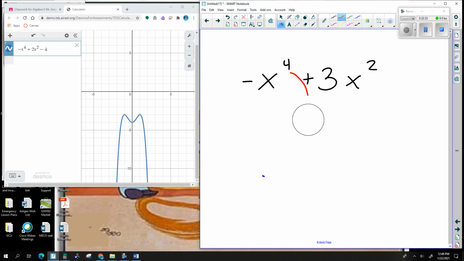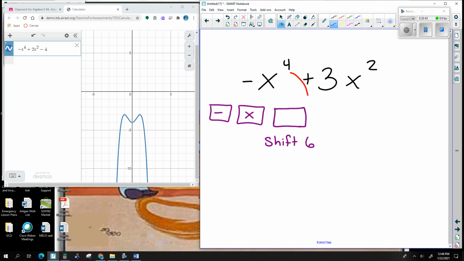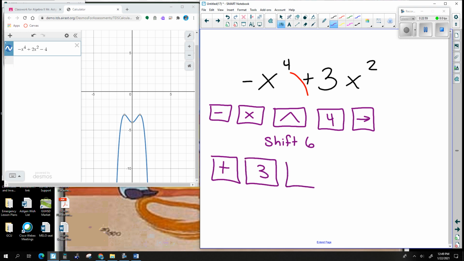So, very brutally long, what I would type to enter this is negative x, then shift 6, two button pushes, like a simultaneous press. That's the symbol I'm after, the caret. Then 4, then over to get me out of that exponent. Then I'm on to the other part, which is plus 3x.